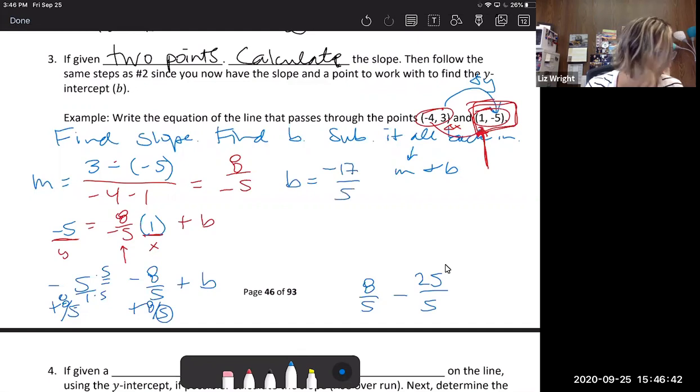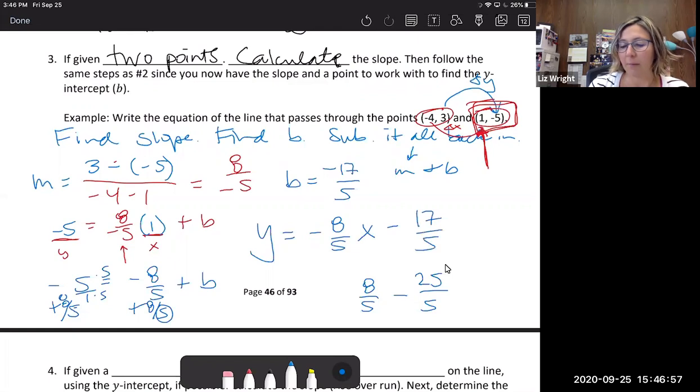And then, for our final answer on this, it's going to be y equals, substitute your m back in. Where's my m? It's -8/5. And then it should be an x minus 17/5. You could also change your y-intercept of b into a mixed number too.